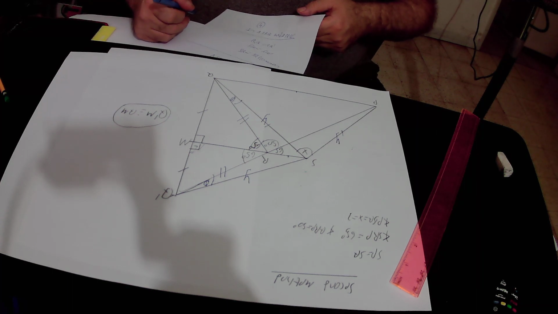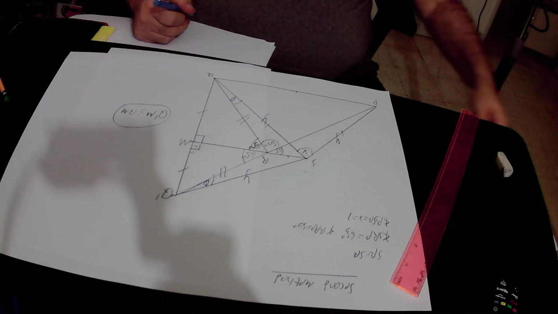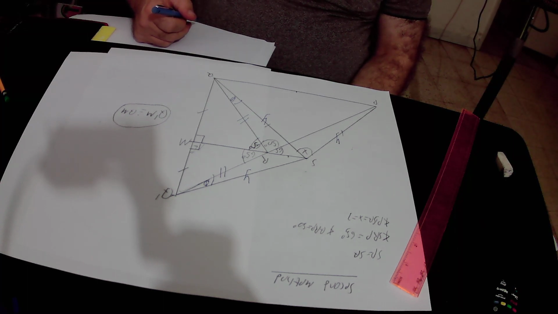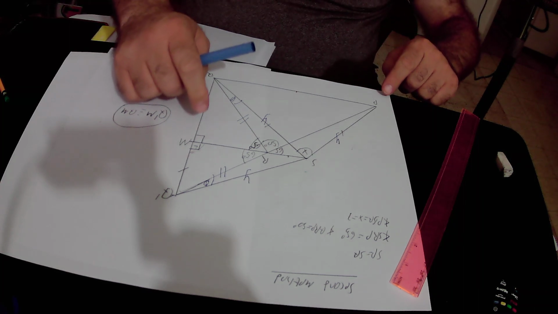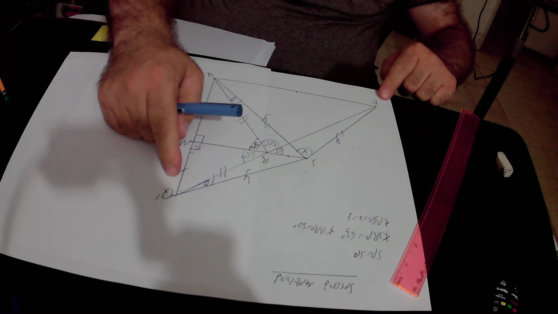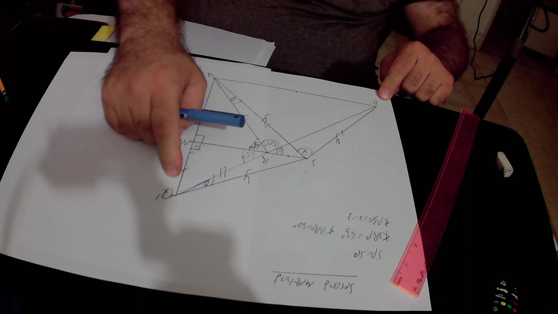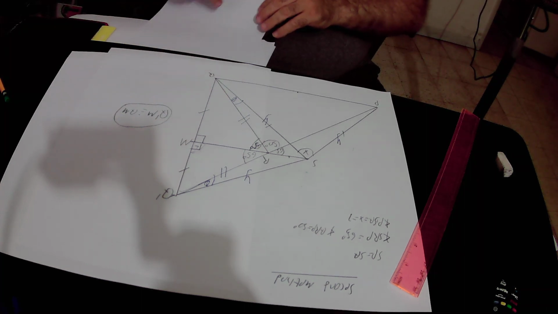So actually, in the next step, we will prove that line segment PQ dash is a straight line. Okay.